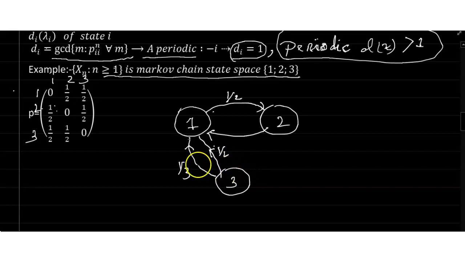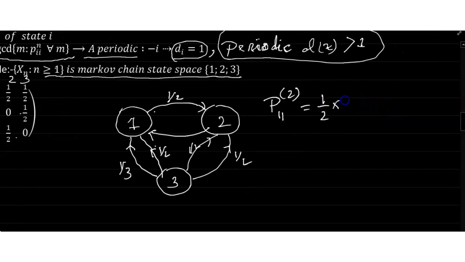Now 2 to 3 is half and 3 to 2 is half. So this is half and this is half.